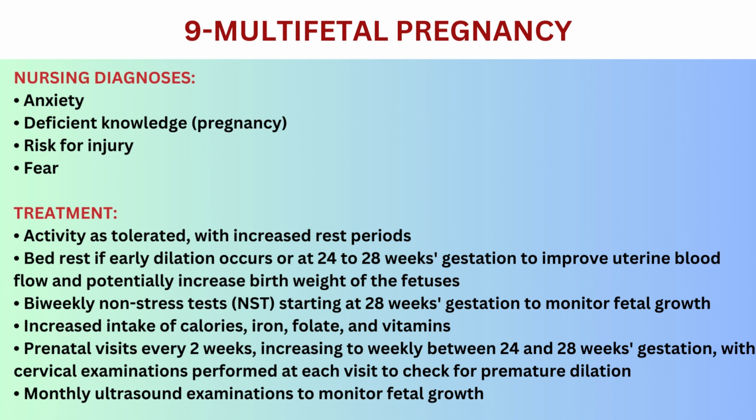Biweekly non-stress tests (NST) starting at 28 weeks gestation to monitor fetal growth; increase intake of calories, iron, folates, and vitamins. Prenatal visits every 2 weeks, increasing to weekly between 24 and 28 weeks gestation, with cervical examinations performed at each visit to check for premature dilation, and monthly ultrasound examinations to monitor fetal growth.